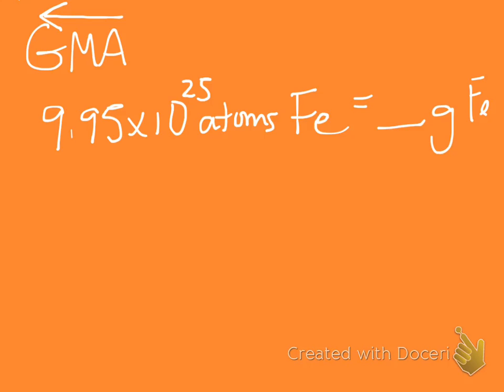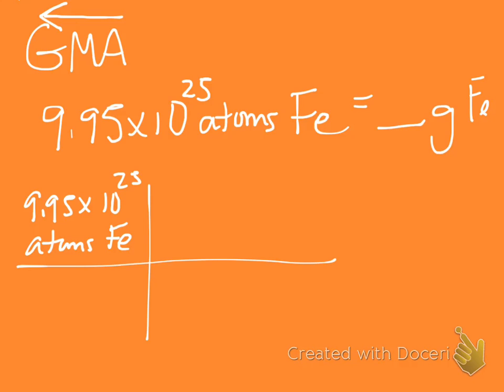Okay, what's our first step? Given in the first box. 9.95 times 10 to the 25th atoms of iron. Okay, second box, down and below to cancel, units and chemical. What's the units and chemical down there to cancel?